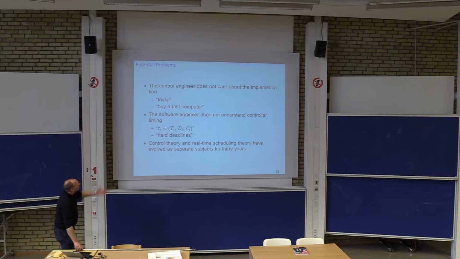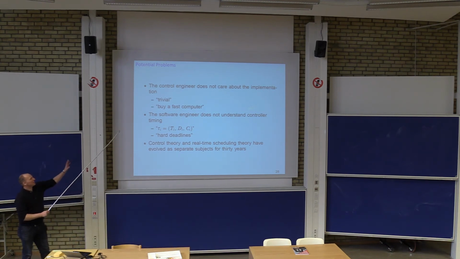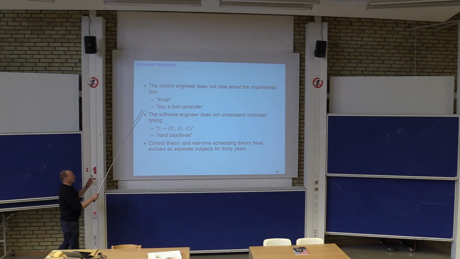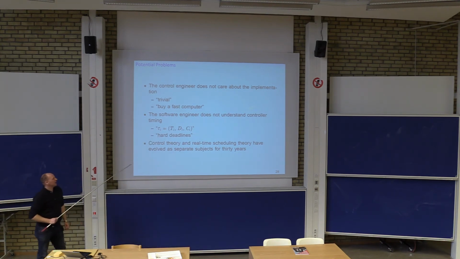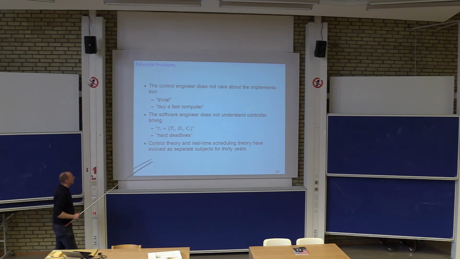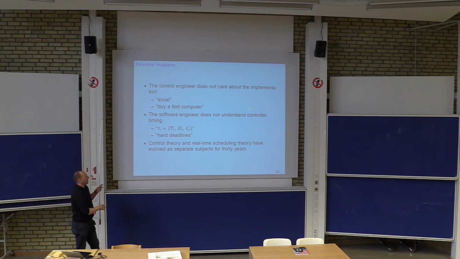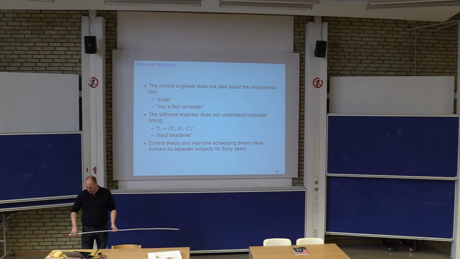So the control engineers say that they don't really care about the implementations. They say just buy a fast computer. And the software engineering guys say that they don't really understand the control timing that you have. They say that you have hard deadlines, but we argue that you have firm deadlines and so on. So what I'm trying to say here is that the control field and the scheduling field have evolved as separate subjects for many, many years.